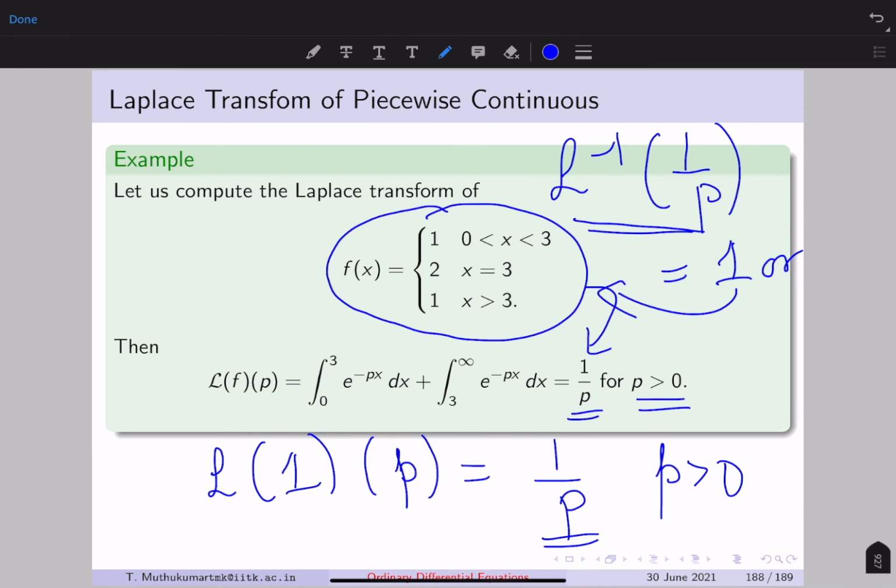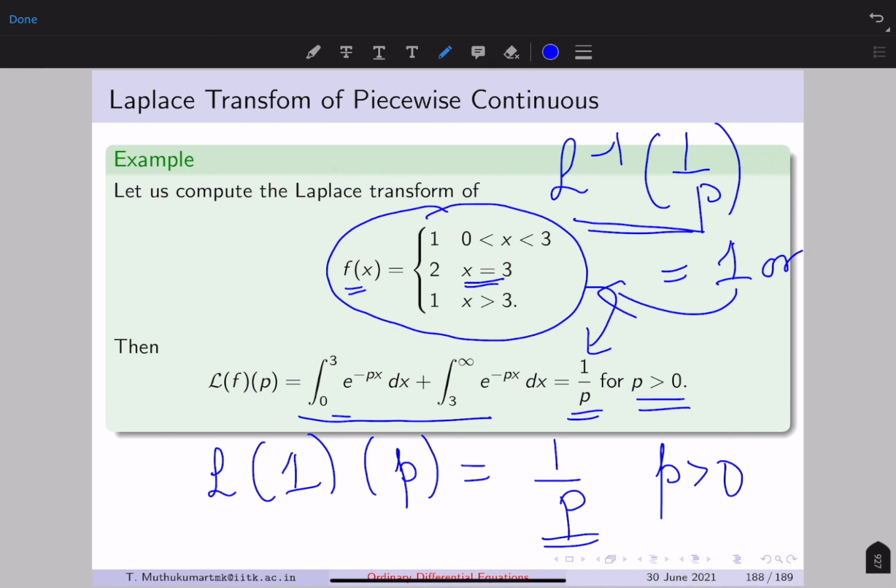They are different functions, yes, because the constant function takes the value 1 at x equal to 3, whereas this function is taking the value 2. So they are different functions because the value at one point is changing. But their Laplace transform is 1 over p, and that's happening because the Laplace transform is defined in terms of an integral, and the integral does not seem to see the change in value of the function at one point.